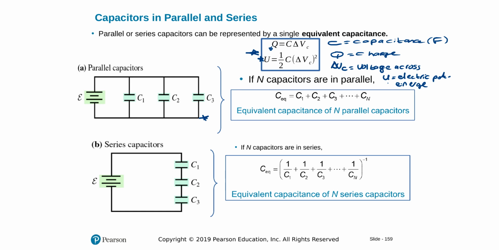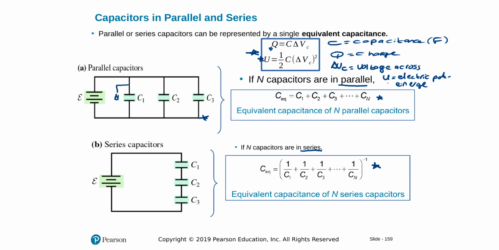If I have them in parallel, I just add all the capacitances and that's my equivalent capacitance. If I have them in series, I add their inverse and inverse that's my equivalent capacitance. That's one thing that we might be confused about. Other than that, everything else is the same as the series and parallel resistor circuits.